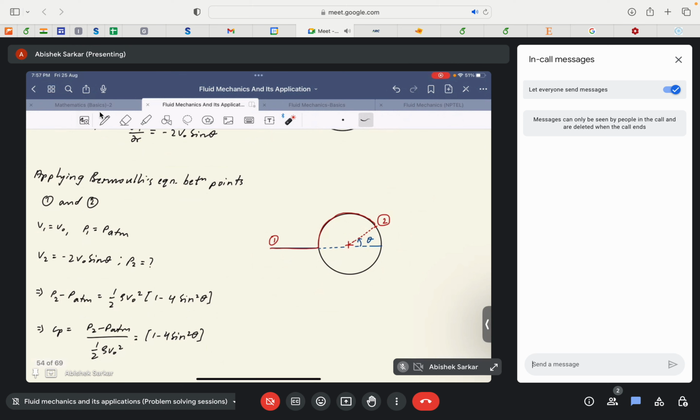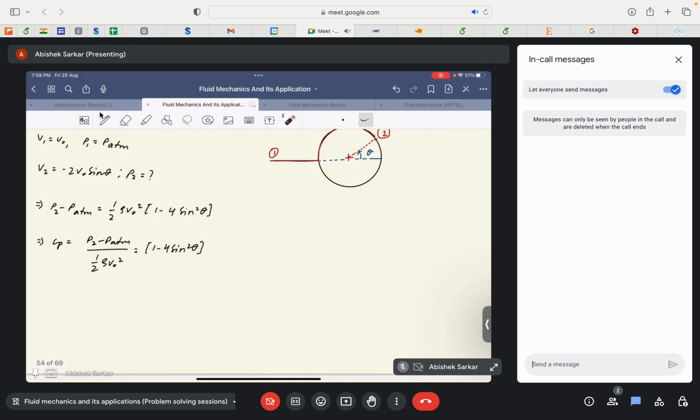Again, by the definition of the coefficient of pressure, we get that Cp is equal to p2 minus p atm divided by half rho v naught square, which is equal to 1 minus 4 sine square theta. This is a very standard result in potential flow theory.